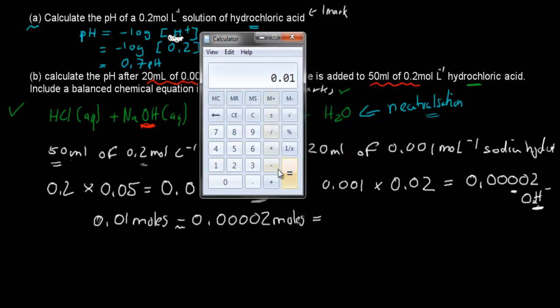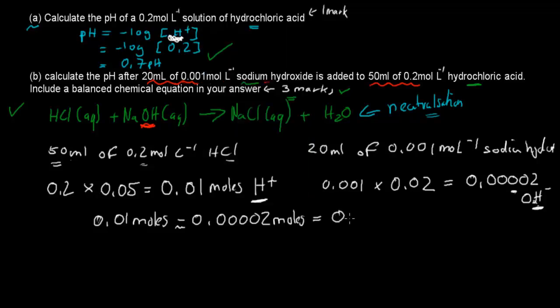Now we have to minus that by 0.00002. And then we have left over 0.0098 moles. So this is what we have left over. We've got 0.0098 moles of hydrogen ions.